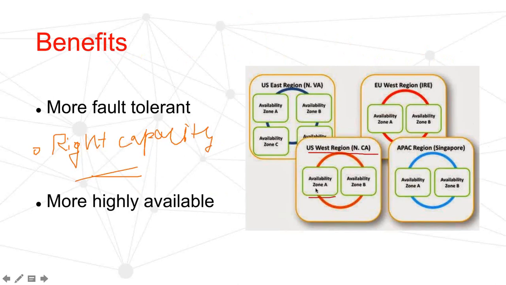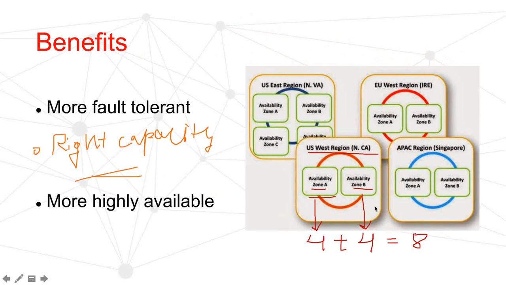These are the two availability zones, Zone A and Zone B. Now I've created my architecture in such a way that I have 4 instances running in Zone A and 4 in Zone B, which means in total I have to have the right capacity of 8 instances to support my infrastructure. 8 instances is the right capacity for me, because if we go below that, then my application would not be able to cater to users' requirements. So 8 instances is a must.